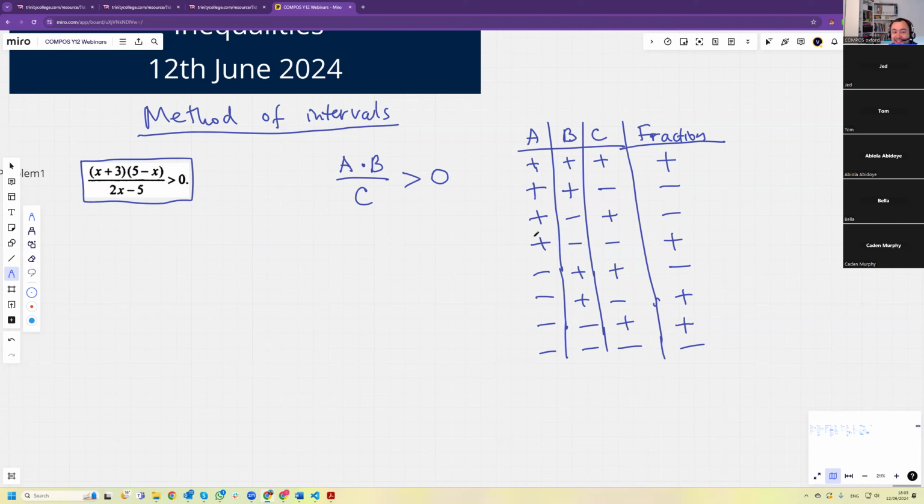But that's the idea. Does everyone understand what the table means? Is everyone on board? If not, please let me know. So what I've done is I've taken this fraction and compared it to this table.